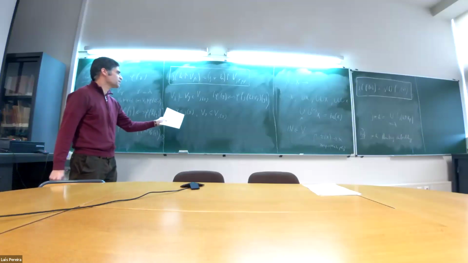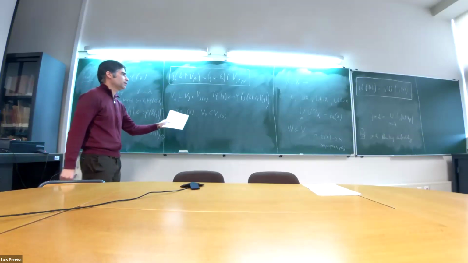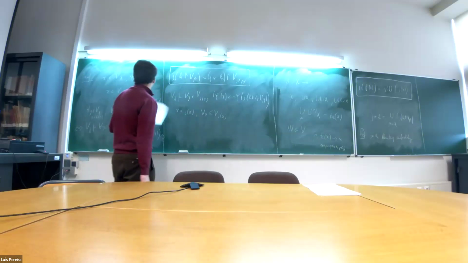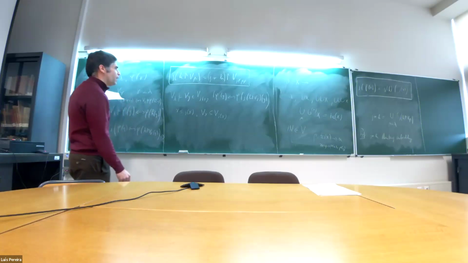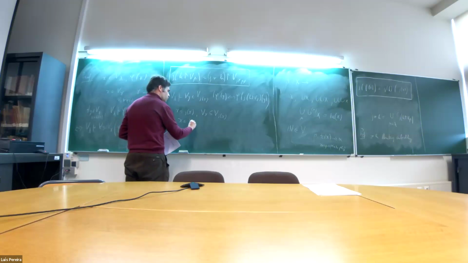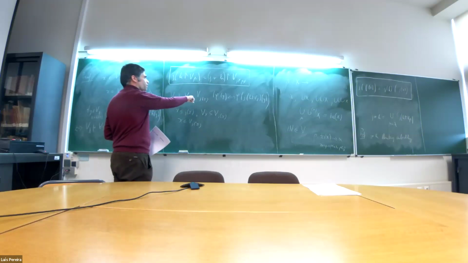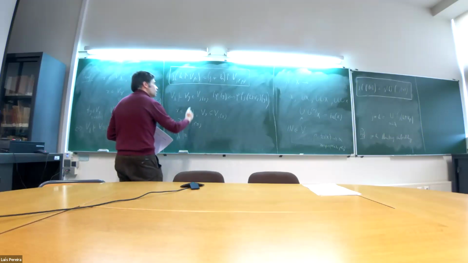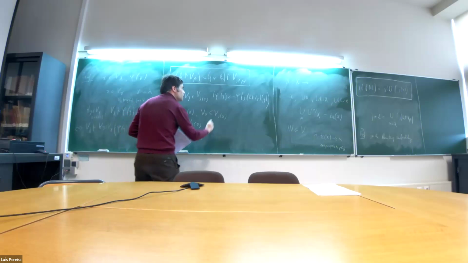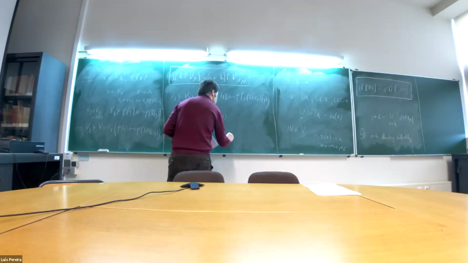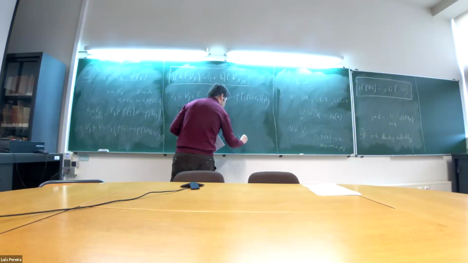Now, since gamma is smaller or equal than J of gamma, V gamma is contained in V of J gamma. But x was in V gamma, so x is also in V of J gamma. So V lambda says that phi of x is equivalent to phi of J H restricted to V gamma of x.